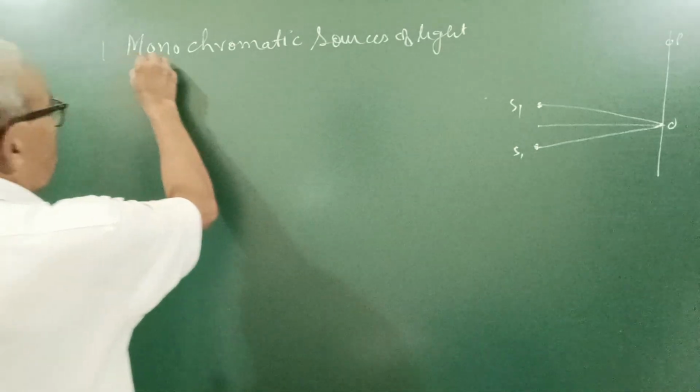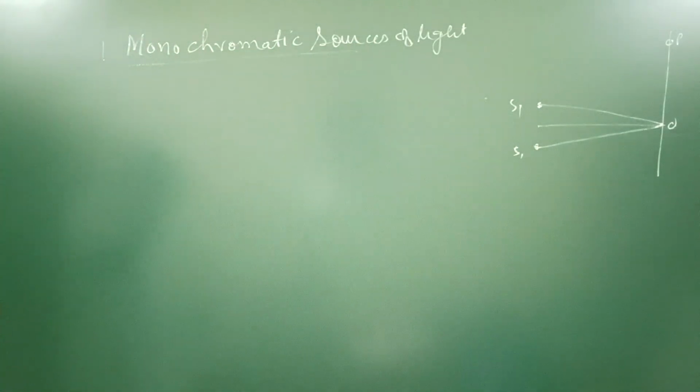What is the meaning of monochromatic light? Chromatic means color, mono means single.